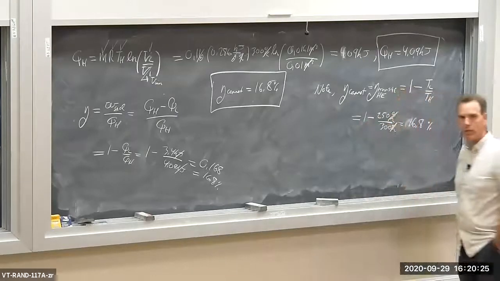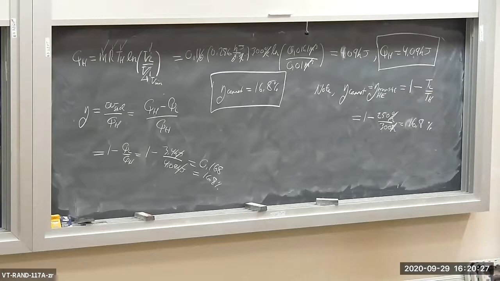Same efficiency, to within a certain level of precision. There's a lot of rounding going off when we do the more complicated calculation. So the efficiency for a reversible heat engine, 1 minus TL over TH, gives us the same efficiency as if we actually went through the entire calculation by hand.